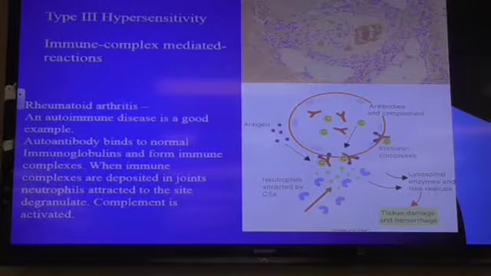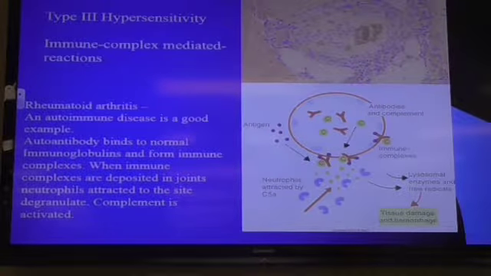Question: so the antigen is the immunoglobulin in this case? The antigen is the autoantibody. In all autoimmune diseases, like rheumatoid arthritis, lupus, or other examples we'll see in a bit, the patient develops autoantibodies, antibodies that attack something in the body.